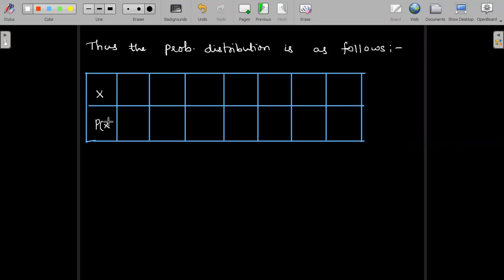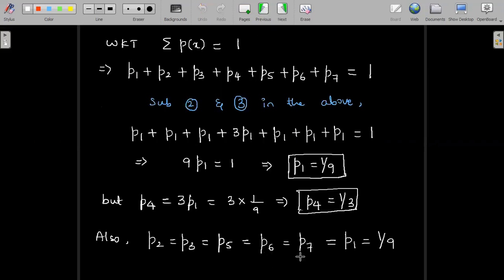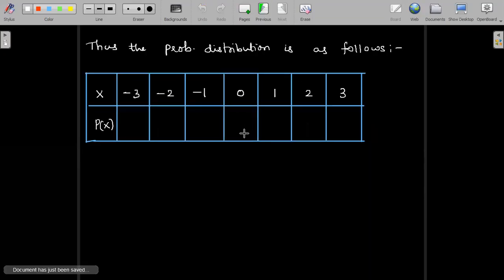So X and P of X values we are writing in the table. X values were given as -3, -2, -1, 0, 1, 2, 3. P1, P2, P3, P5, P6, P7 are all equal to 1 by 9 and P4 only is equal to 1 by 3, since P4 is for X equal to 0.